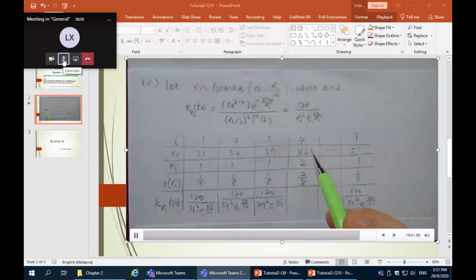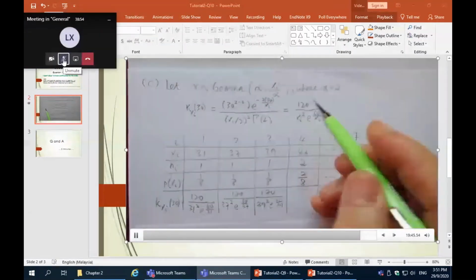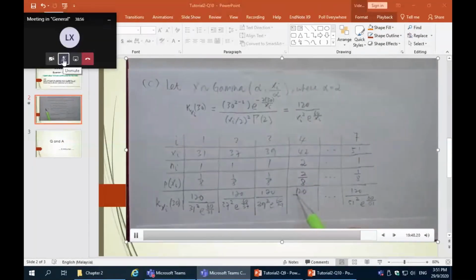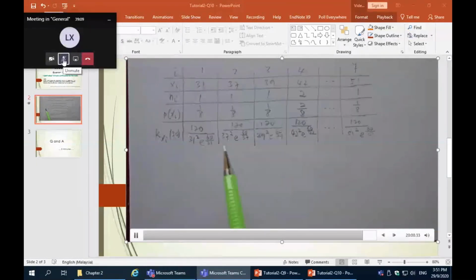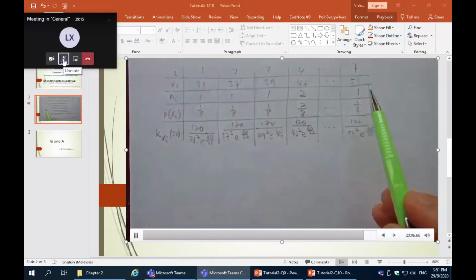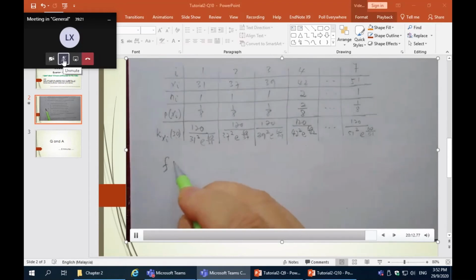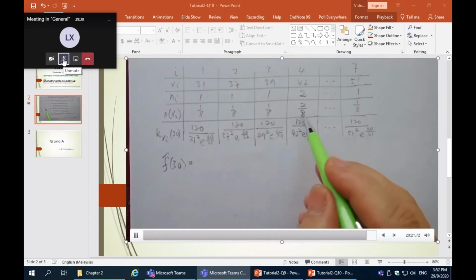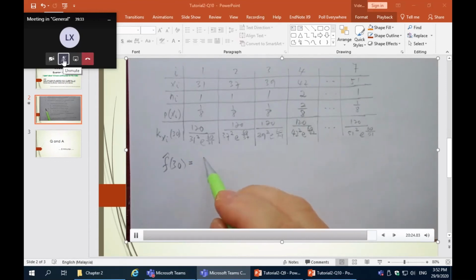So for example, when xi is 42, if I substitute inside here, I will have 120 divided by 42 square times e to the power of 60 divided by 42. So please take note that for the gamma kernel, we have to consider all the data. Thus, the kernel smoothed density at 30 is given by this. I will take all the probabilities here, that's 1 over 8 except this data, 42.